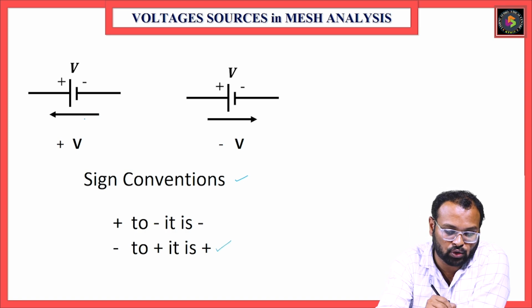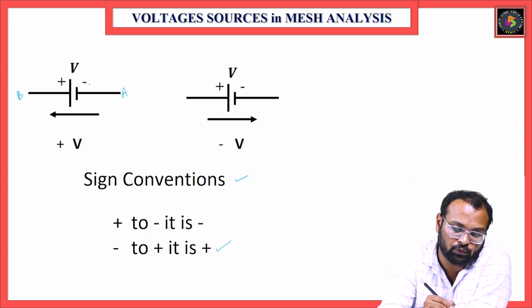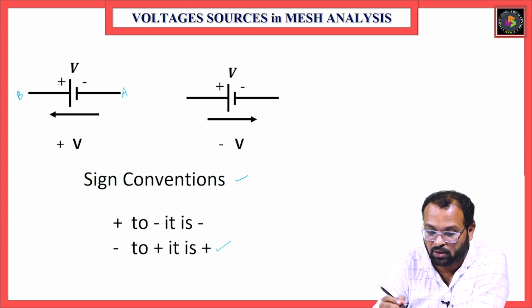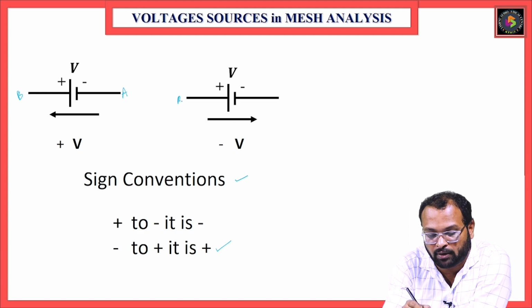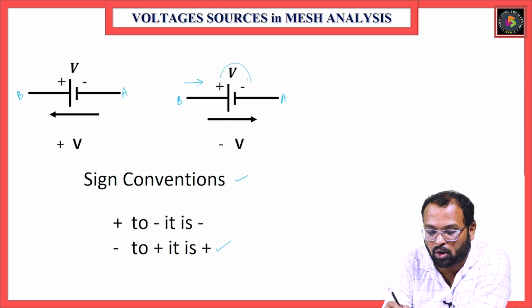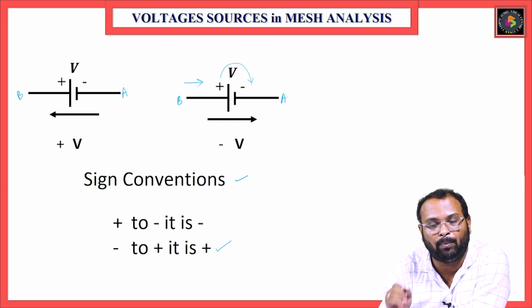Suppose this is A and this is B. If current is flowing from A to B and the voltage is minus to plus, it is an adding voltage, not a drop, so it becomes positive. Similarly, if current is flowing from B to A, the voltage is dropping, plus to minus, so I consider it minus.